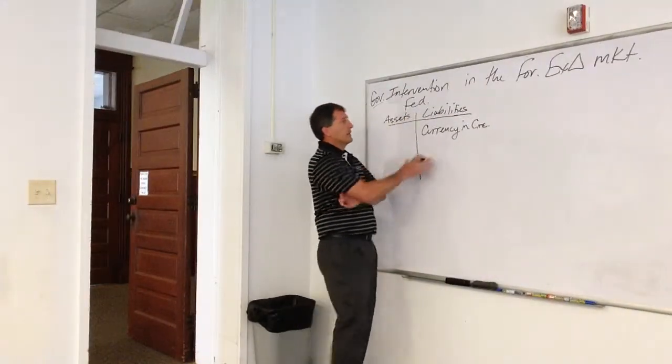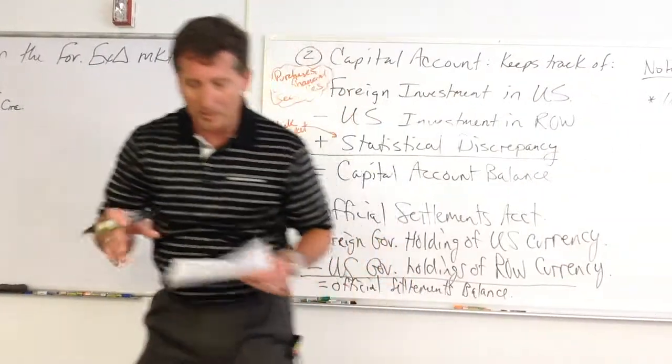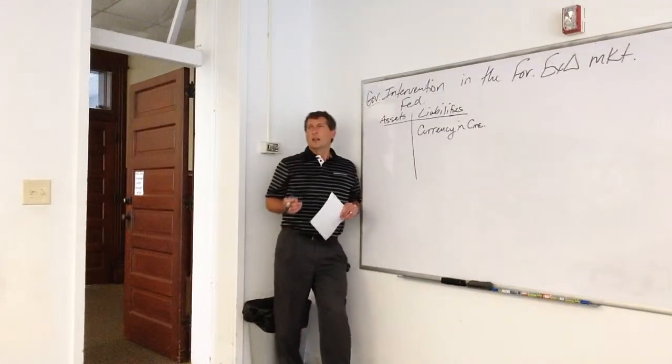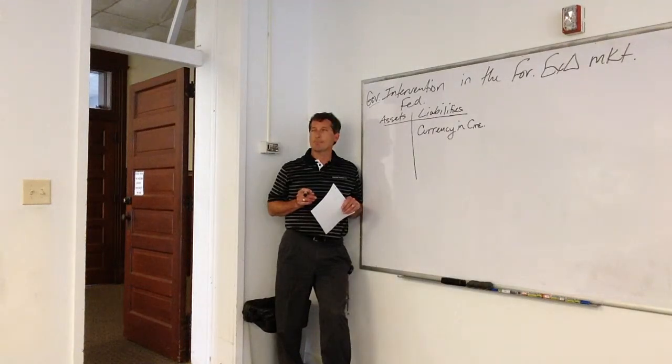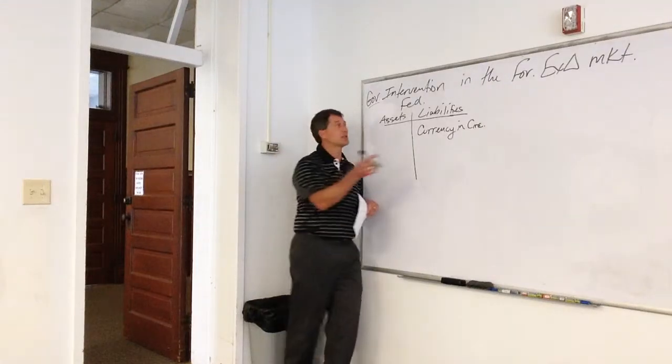As long as we're doing this, what else does the Fed have on its balance sheet, even though it's less applicable in this context? So currency in circulation. How does the banking system work again? Some deposits at the Fed by the banks, right? So they are the banker's bank.